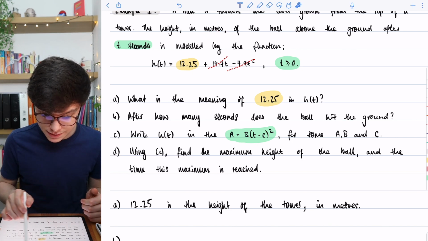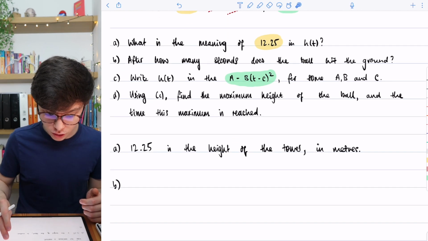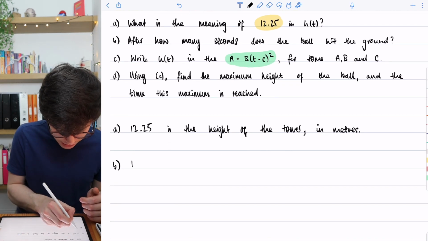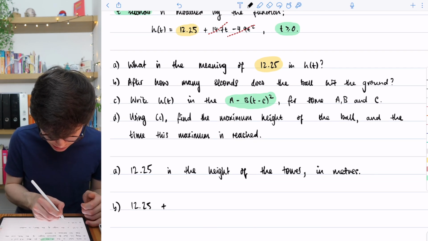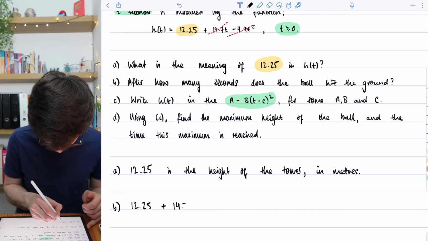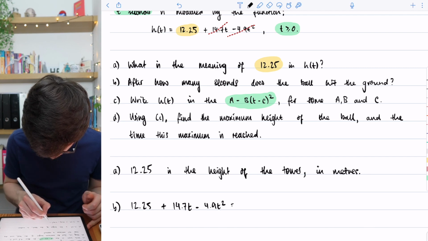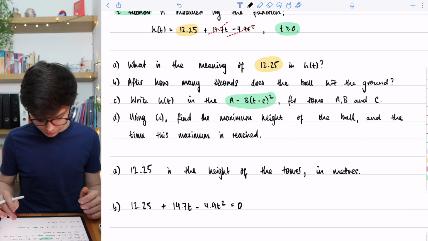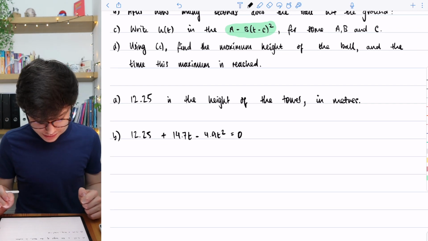So the height in metres of the ball above the ground will be 0 when we hit the floor. So all we need to do is we just need to solve that equation equal to 0.